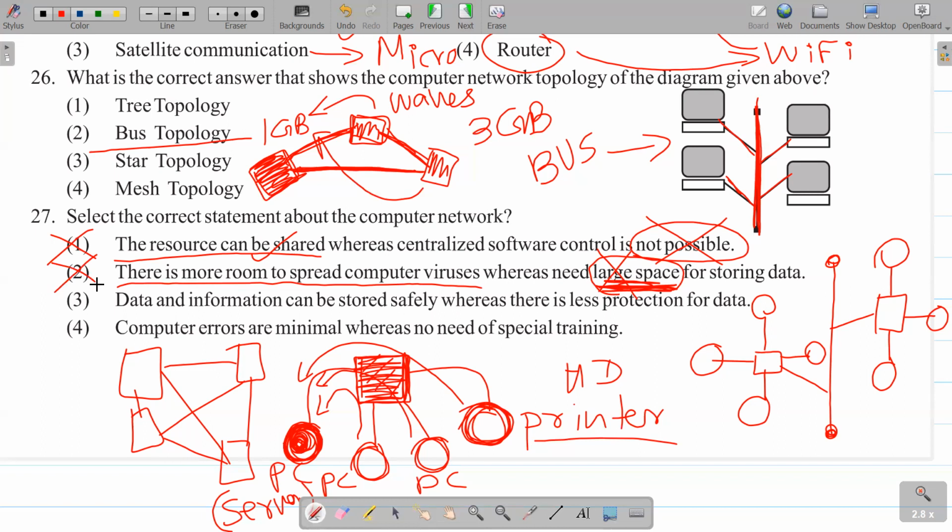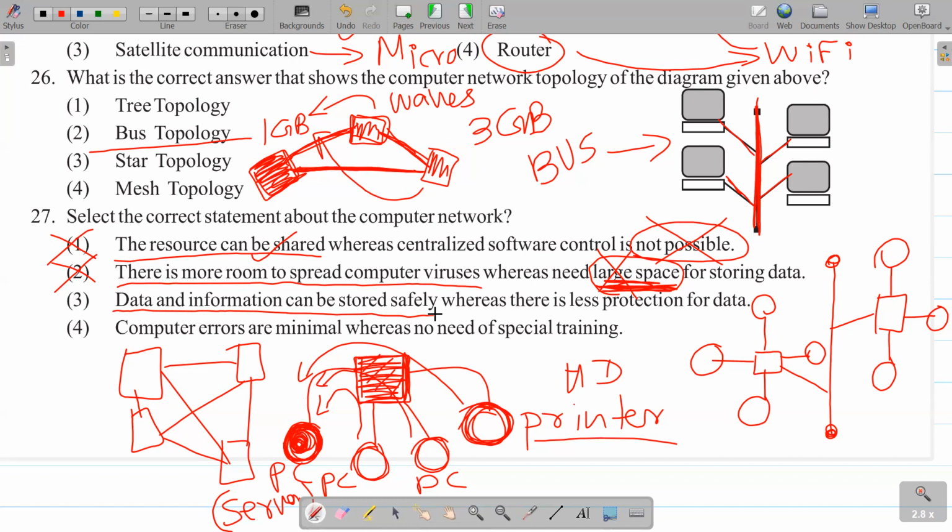Third one, it says data and information can be stored safely. Now, safety can be argued on the advantage side as well as the disadvantage side. When a network is there, we can use firewall kind of things and give very good protection to the network.